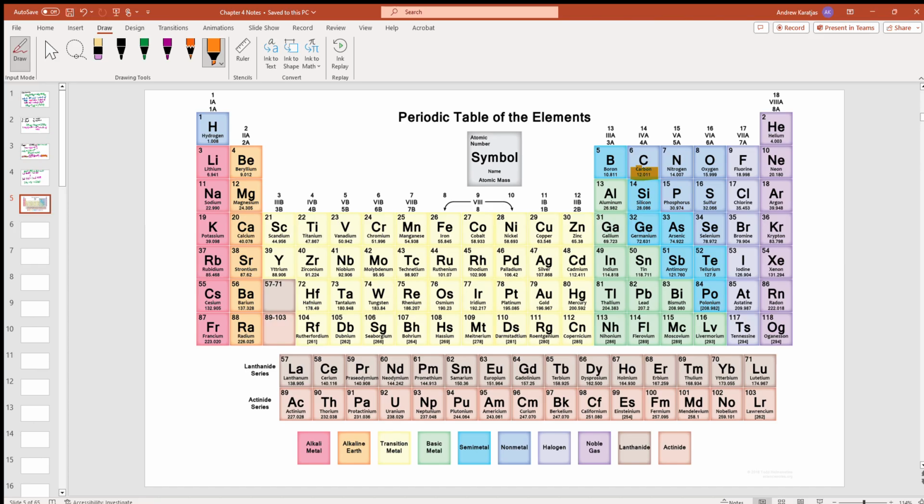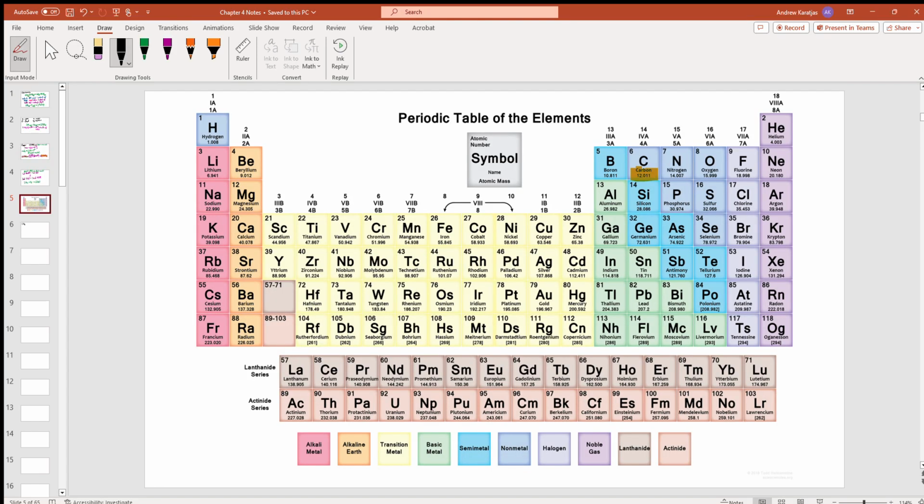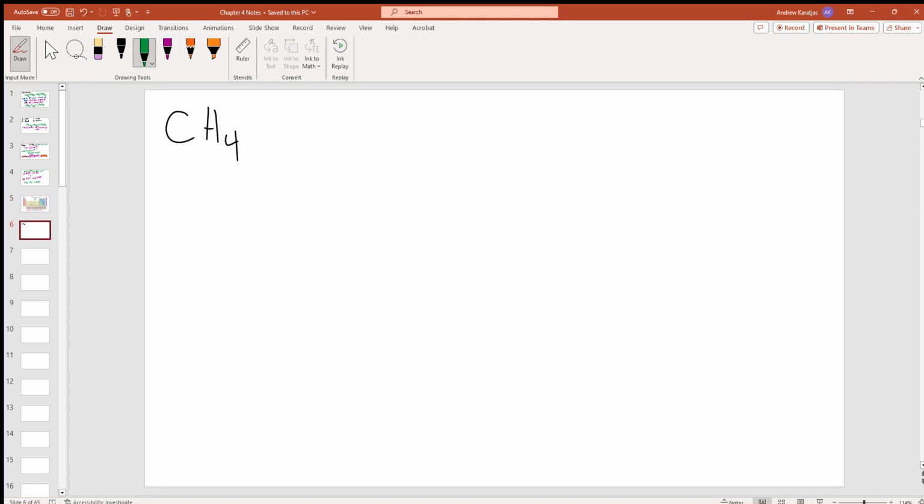Now, what about something more complicated than a single atom? So let's say methane, CH4. Well, in this case, we're going to go back to our periodic table. We see that copper is 12.011, or I'm sorry, carbon, 12.011 grams.